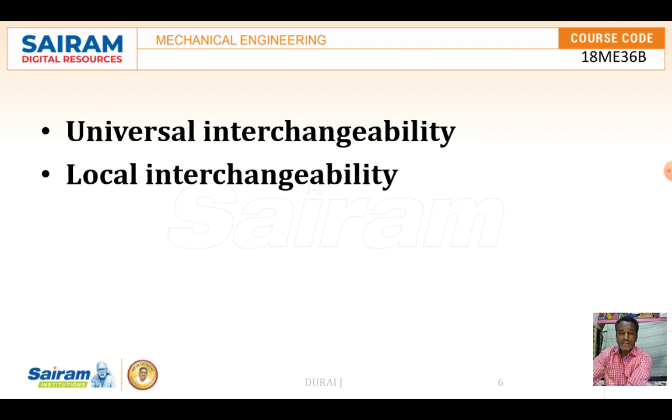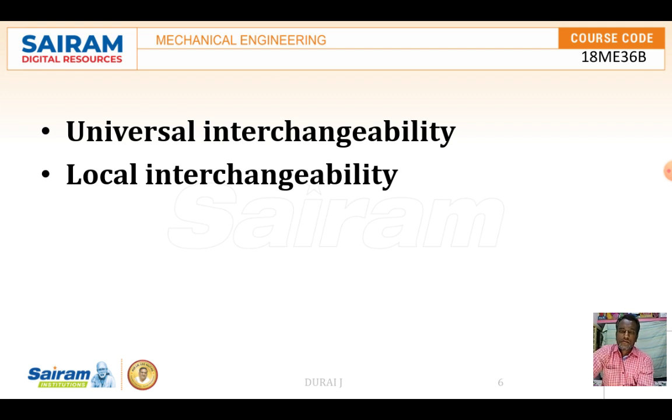So universal interchangeability may be the same country, or the same state, or some other places of the same state, or different states. All of those come under universal interchangeability.